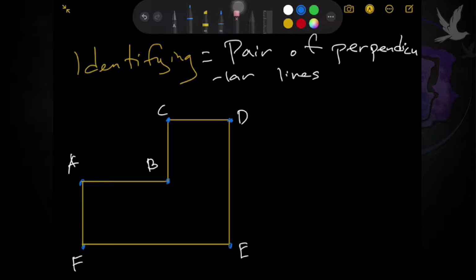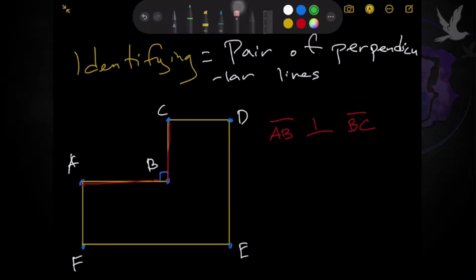So, for example, in this case, you have this right angle over here. And this right angle is formed using line AB and line BC. So, we can now say that line AB is perpendicular to line BC.